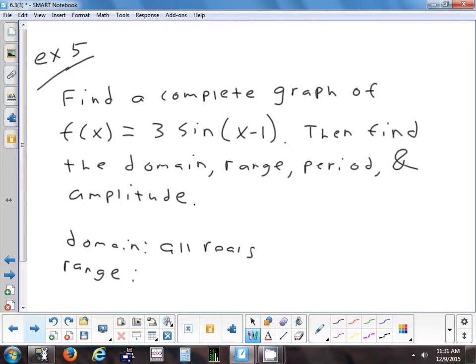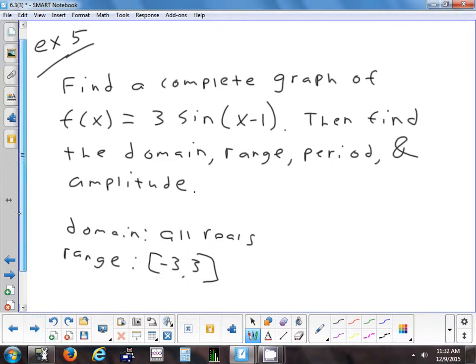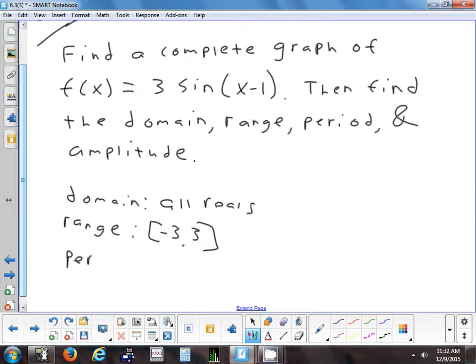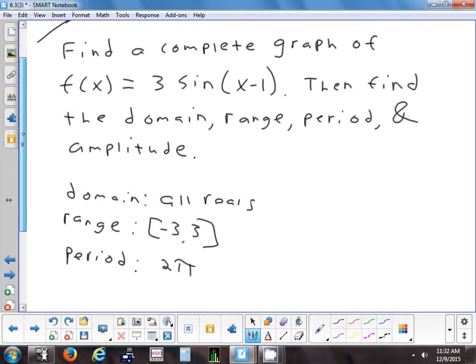Think of what it would be before we do this transformation, and then do that to it. Brian? Bracket -3, 3. Yep. Bracket. Good. So there's my domain, range, period. What's my period? 2 pi. We haven't changed anything there. And what else?